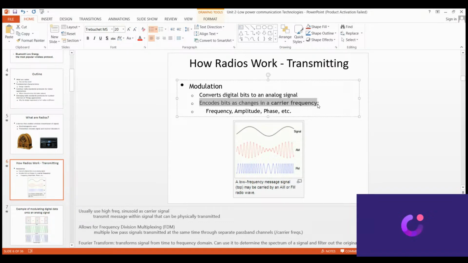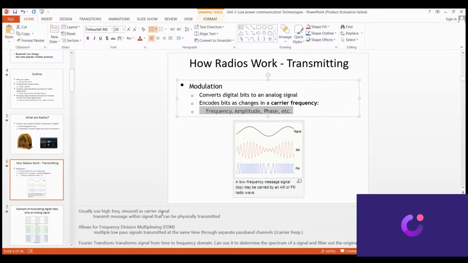Now, this carrier frequency causes changes in the frequency of the signal, the amplitude, as well as the phase. This is very important, because usually the signal uses high frequency as a carrier signal.